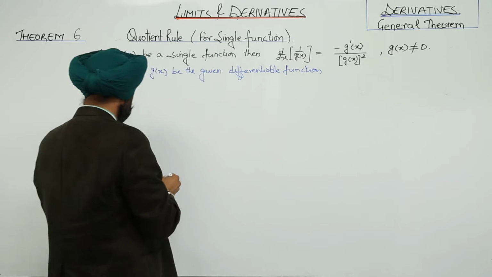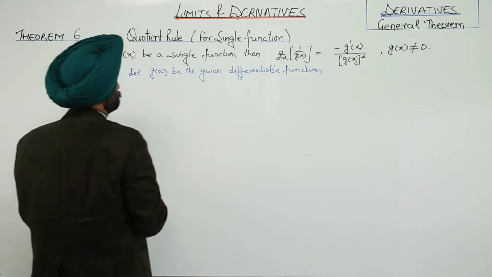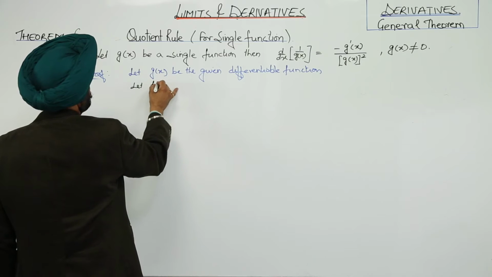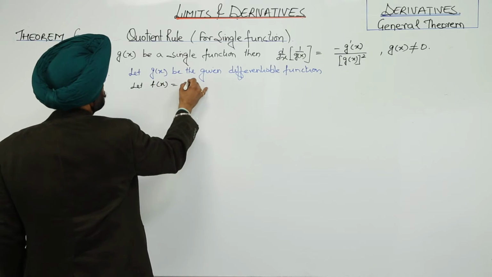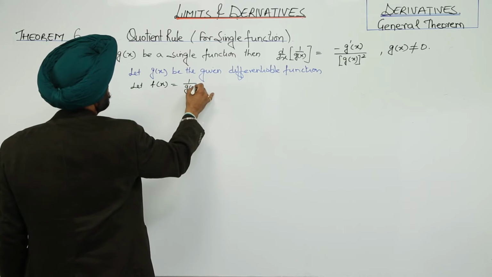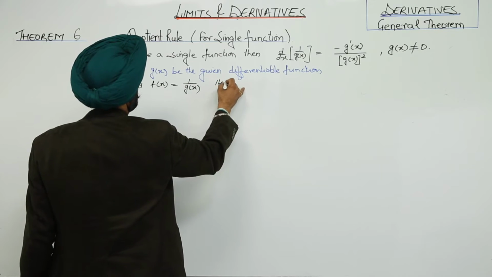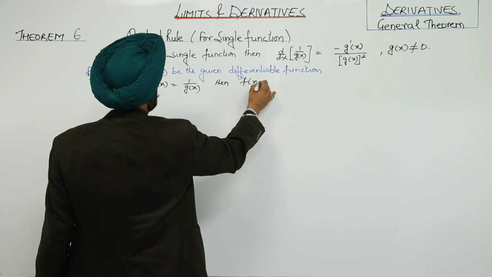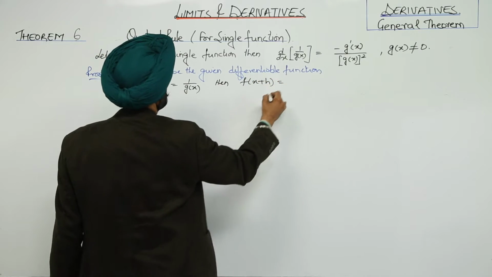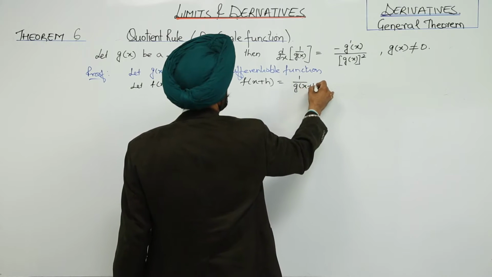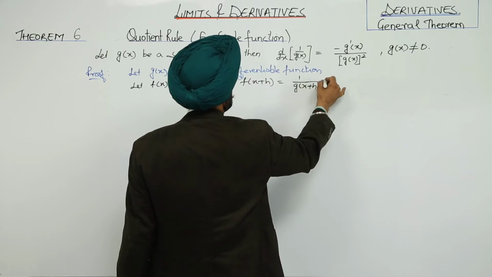Now let f(x) is equal to 1 upon g(x), then f(x plus h) is equal to 1 upon g(x plus h).